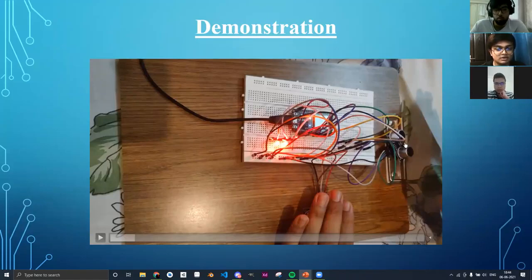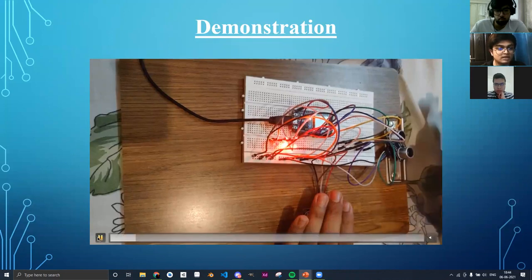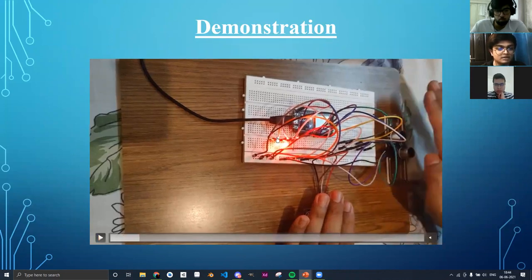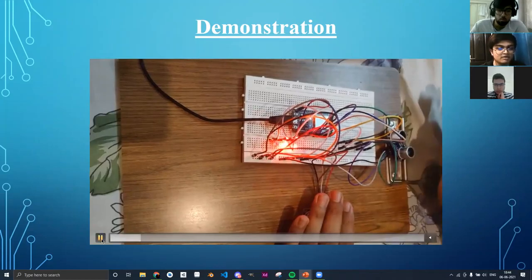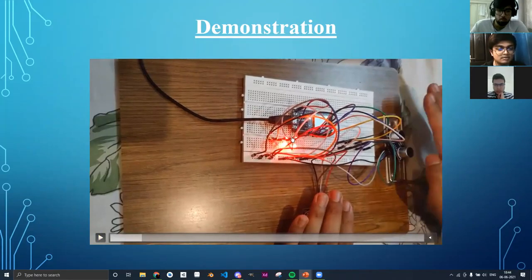So it depicts that the person is nearer to that ultrasonic sensor, which means they're on the other side of the room. You can see the bulb on the left turns on. And if I keep my hand away from the ultrasonic sensor, you can see that the bulb on the right turns on. So it actually depicts the position of an entity.